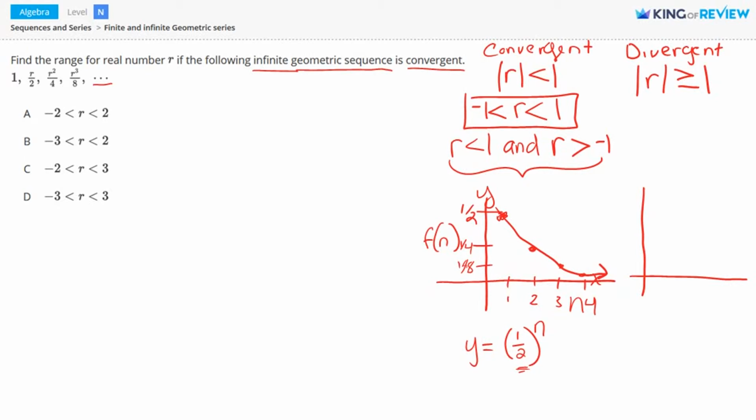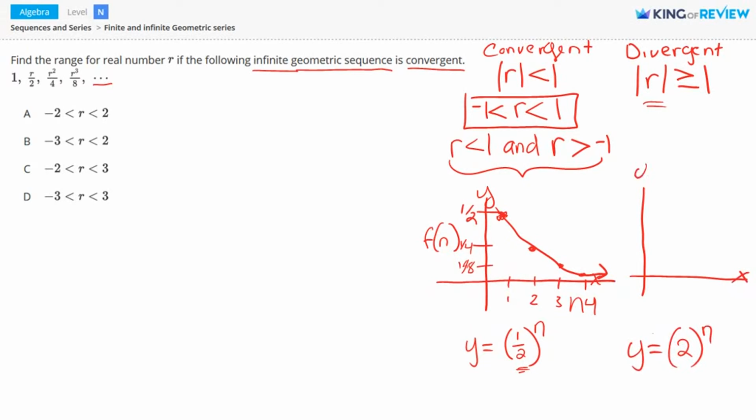Now let's look at if we plot a divergent series. In this case, the absolute value of r must be greater than or equal to 1. So let's say in this case that r is 2. So we're going to plot y equals 2 to the nth power.